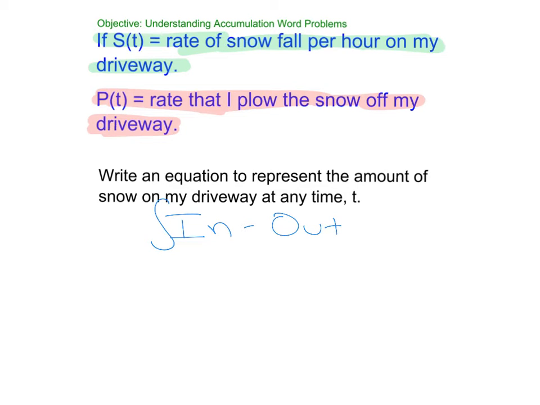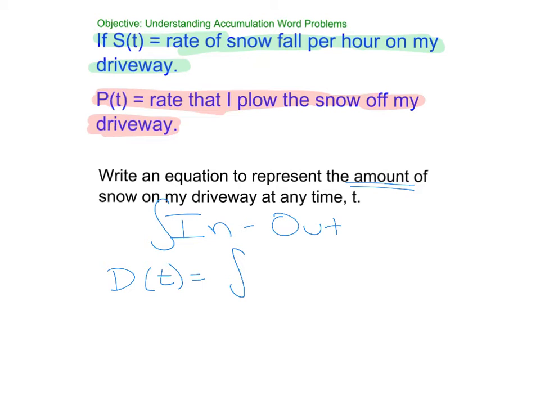And these are always rates. Like pretty much all of them are going to be rates. So write an equation to represent the amount of snow on my driveway. So the amount of snow, let's call that D for driveway. D of t equals, so these are rates and I want a total amount, represent the amount.